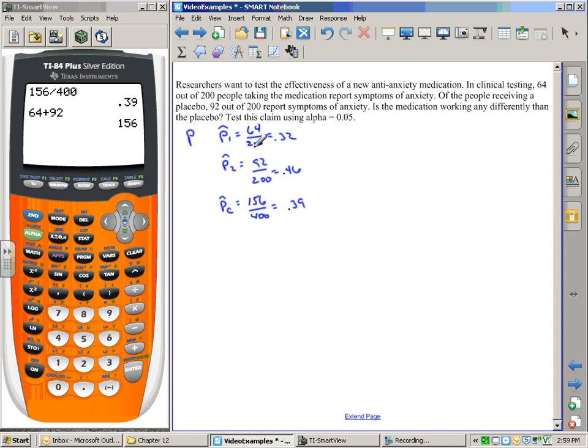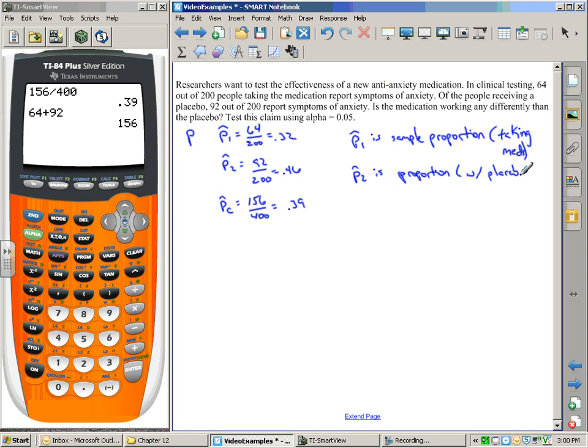Now we also need to say what each thing is. So p hat 1 is sample proportion of people taking the meds. And then p hat 2 is proportion taking the placebo.